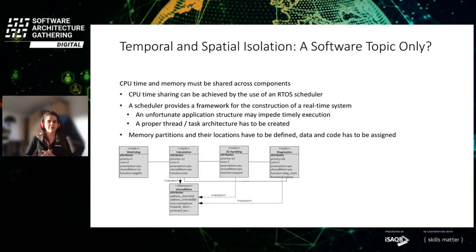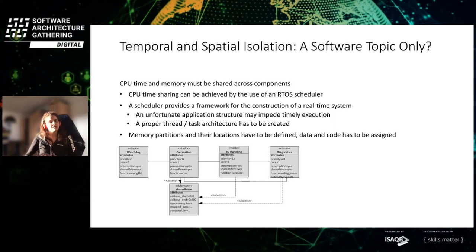I also asked and answered the question: is temporal and spatial isolation a software topic only? So actually, it's not. We have to have our constraints at hand from the system level. And also we have to think about CPU time and memory, which must be shared across the components. And this sharing is actually implemented by an operating system, specifically the so-called scheduler of the operating system.